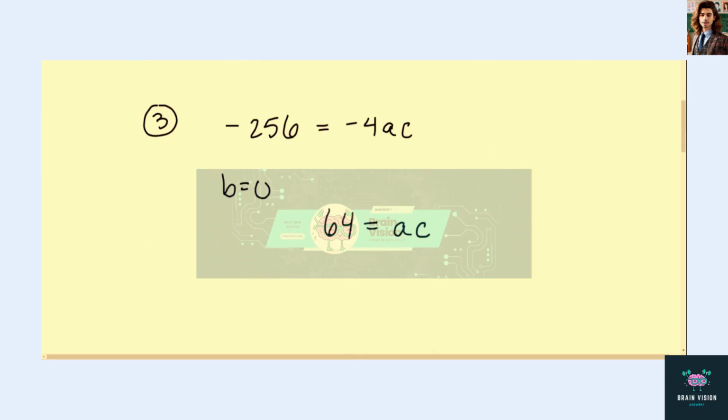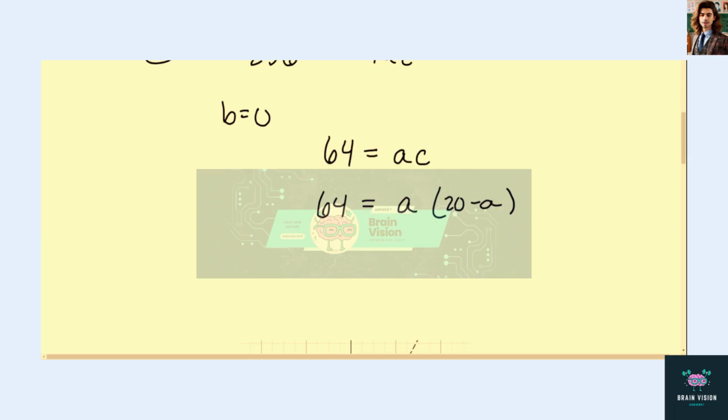And we also know that 20 is equal to a plus c. So 20 minus a is equal to c. So 64 is equal to a times 20 minus a. Well, we can solve for this. Let's say this is a squared minus 20a, and then we would normally subtract 64, but we're going to add it, so plus 64 is equal to 0.